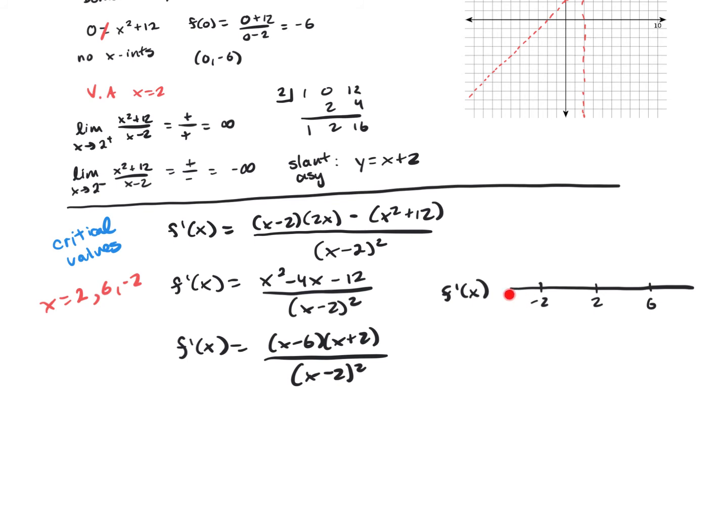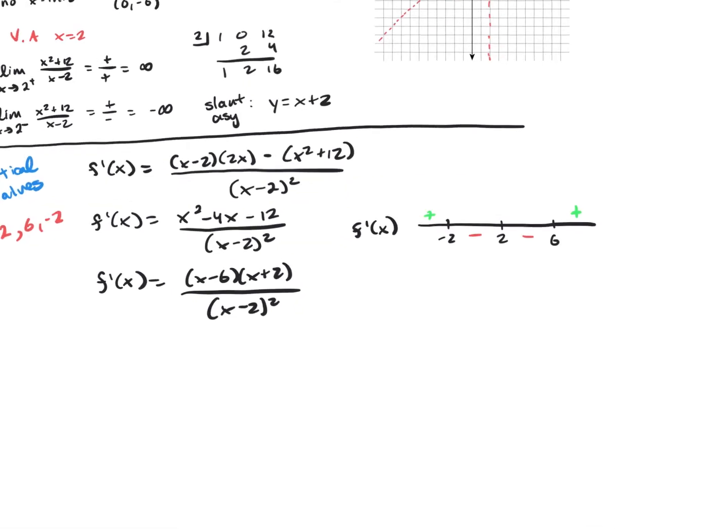If you plug in something to the left of negative 2, we get a negative times a negative, which gives us a positive. So it's going to be positive in this region. Let's say if you substitute 0, we get a negative times a positive, which gives us a negative. Imagine maybe you substitute 3, you get a negative times a positive, which gives us another negative. So it remains negative. And then if you substitute maybe 7, you get a positive times a positive.